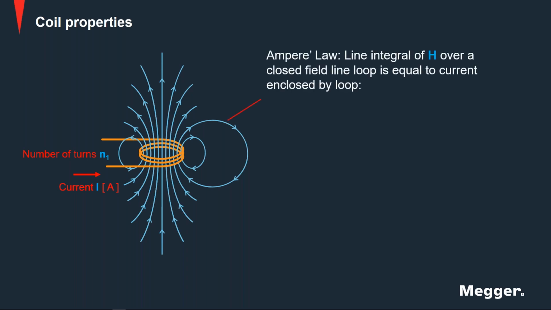And if we use Ampere's law, we look at the line integral of H over a closed field line loop, which is equal to the current enclosed by the loop. So if you are into math, we have this handy equation here that you can follow along with. But in layman's terms, the H, or the magnetic field strength, is proportional to the current. So if you have more turns, you will have more current, which means you will have a stronger magnetic field.